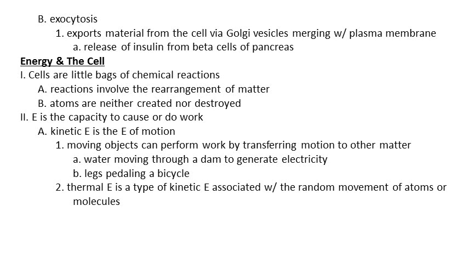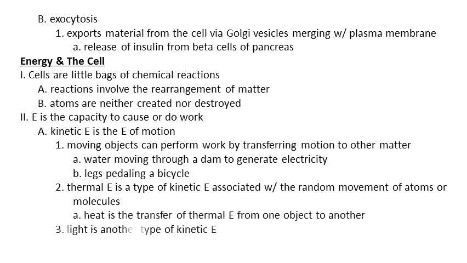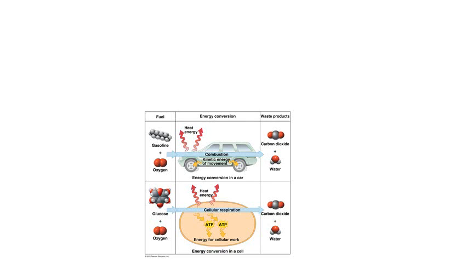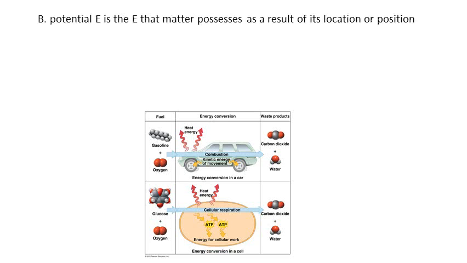So thermal energy is really a type of kinetic energy that's associated with atoms or molecules moving randomly. Okay? Light is actually another form of kinetic energy. Now, there's also potential energy, which refers to energy that matter possesses as a result of its location or position.